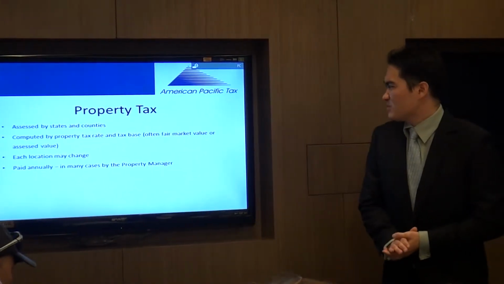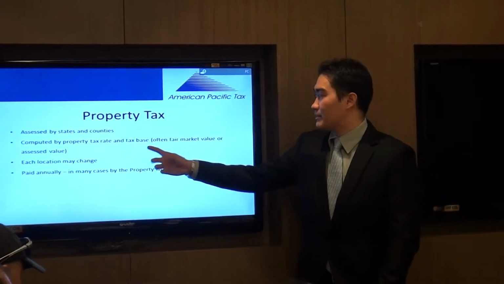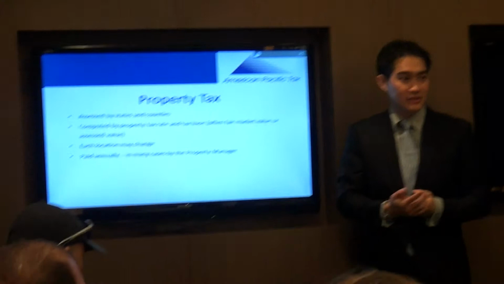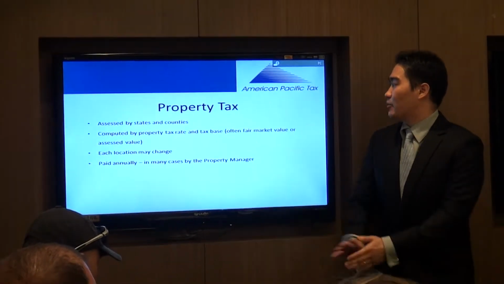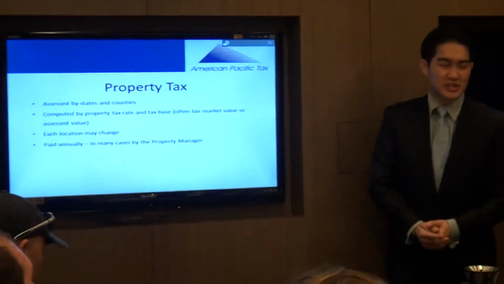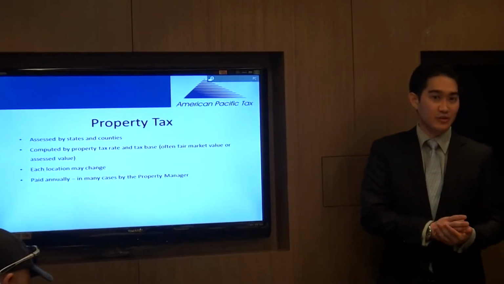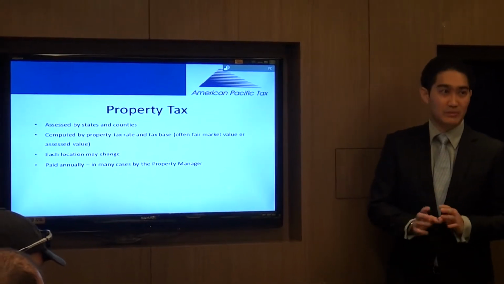Property taxes are computed by taking the property tax rate, 0.5% up to about 2% being usually the maximum, multiplied by the fair market value or the assessed value. Each state or county has its own rules that you would need to look into regarding property tax treatment.